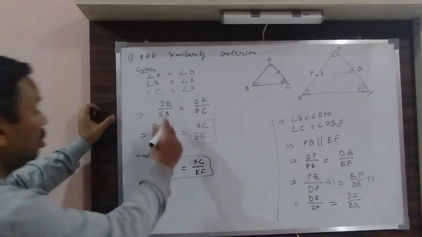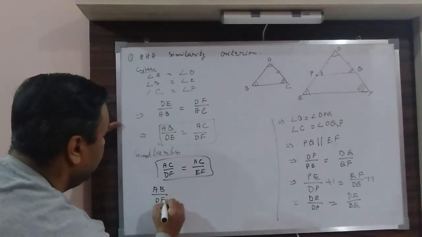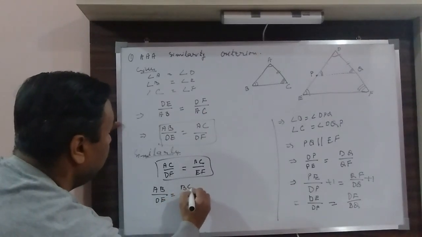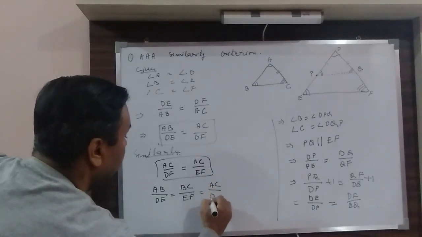By combining these two, AB over DE is equal to BC over EF, and that is equal to AC over DF.